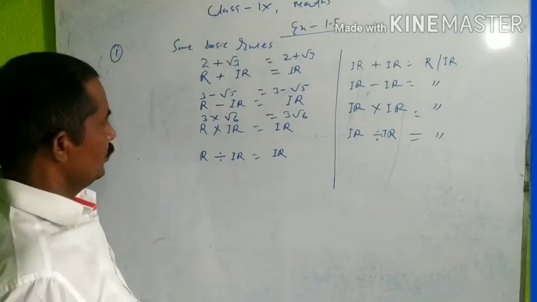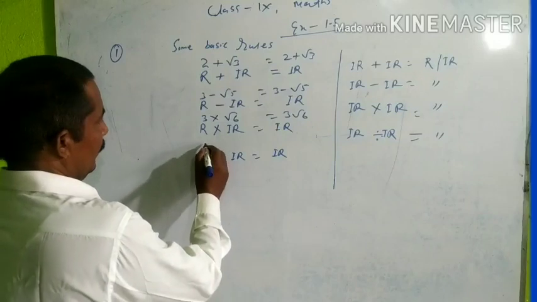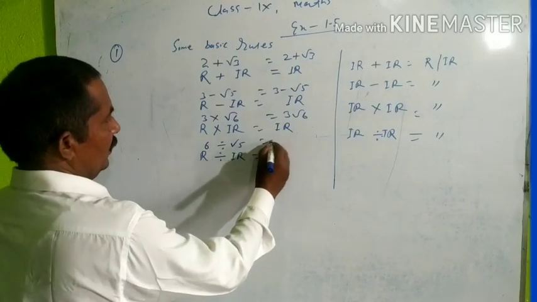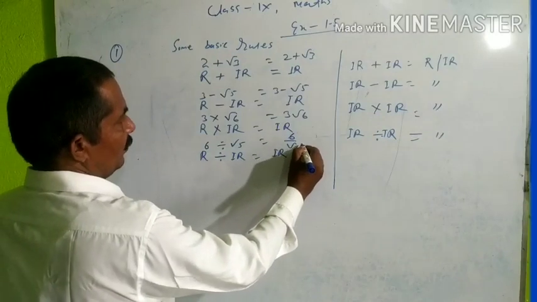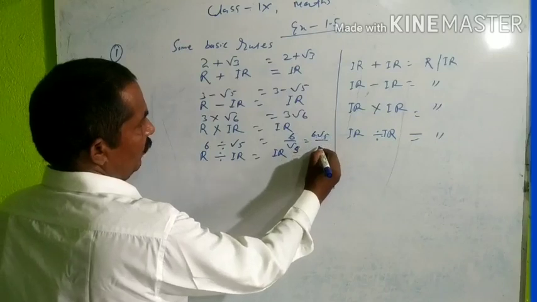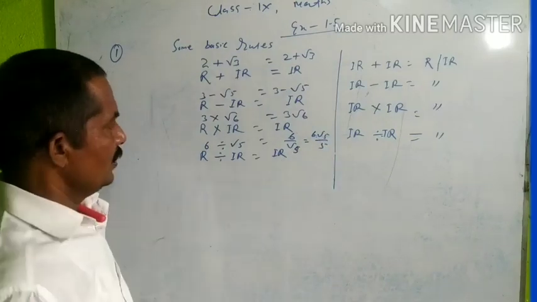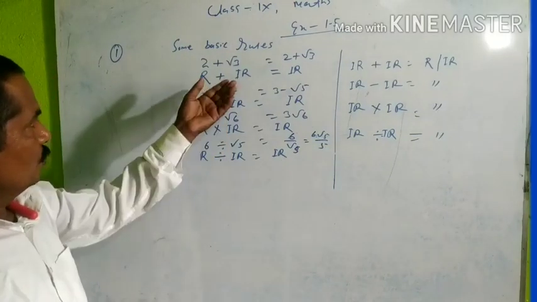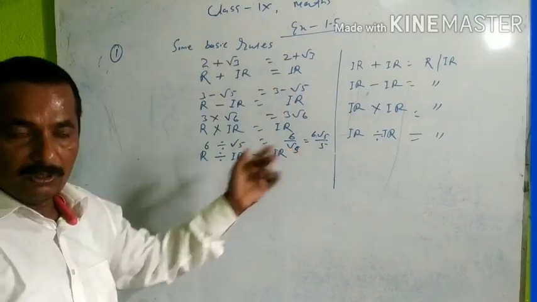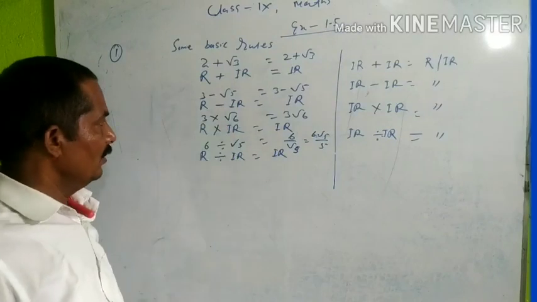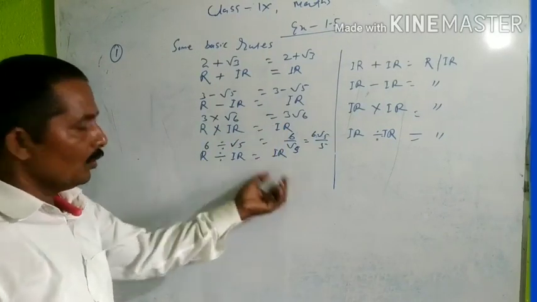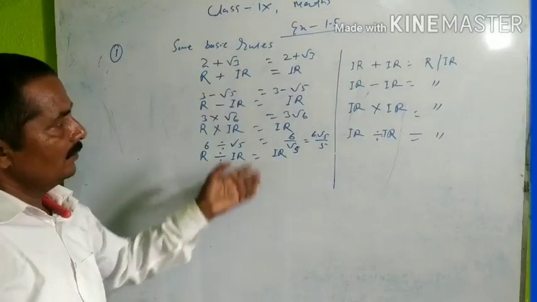Quotient: 6 divided by root 5, 6 by root 5, or 6 root 5 by 5. Irrational. So when a rational and an irrational are added or subtracted, or we find a product or quotient, in all cases the result is irrational.